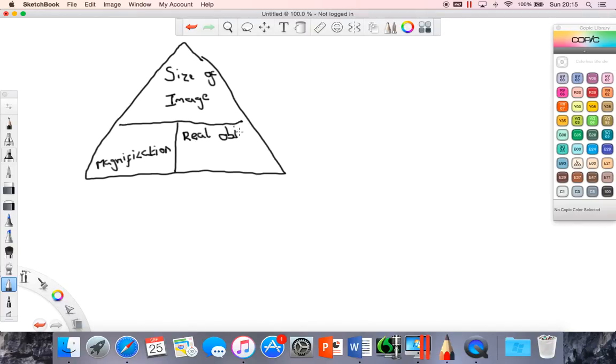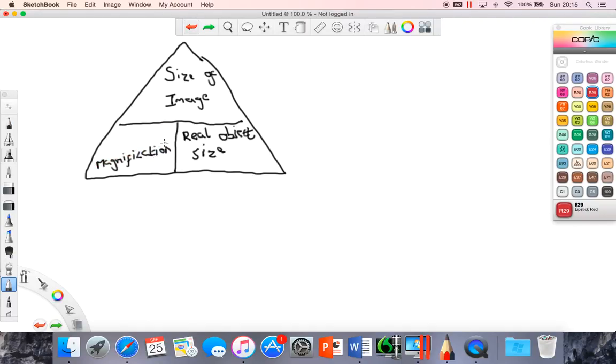Now, to use these sort of triangles, which I love in maths, especially at GCSE science, you simply look at the one you want, put your thumb over it, and then calculate the rest. So for example, if I wanted the magnification, I would put my thumb over that, and it tells me that I want the size of the image divided by the real object size.